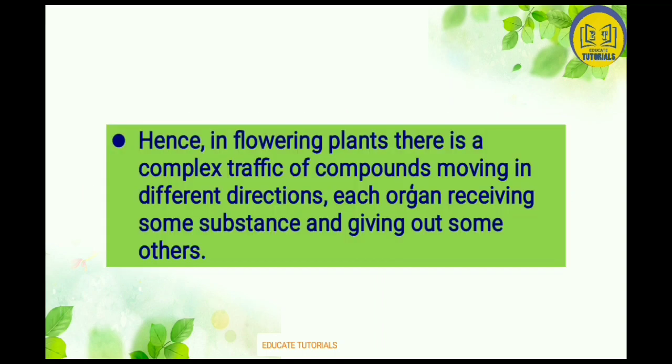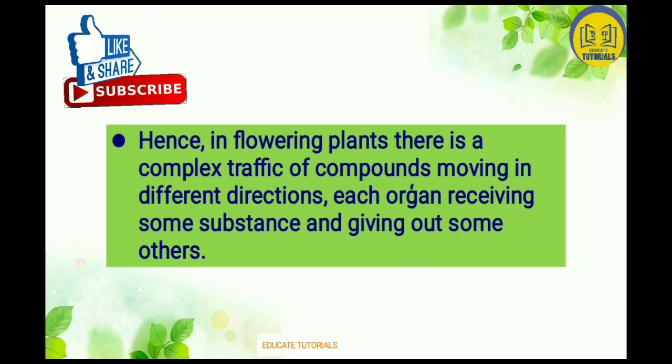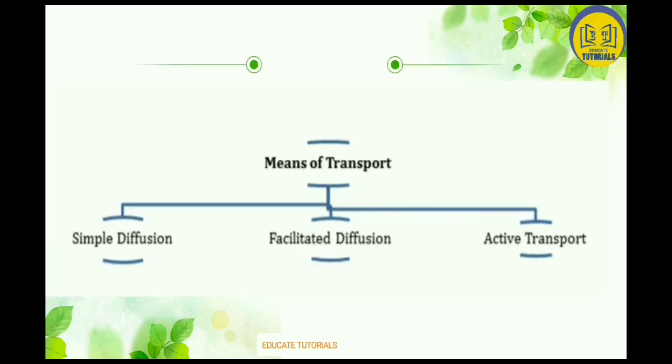Hence in flowering plants, there is a complex traffic of compounds moving in different directions, each organ receiving some substances and giving out some others. That is called complex trafficking. Why is it called complex trafficking? Because each plant part is gaining something or giving something.